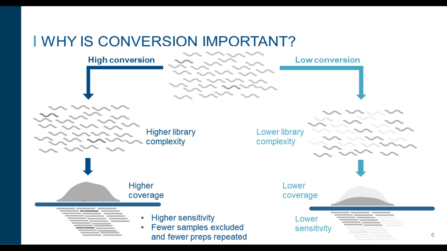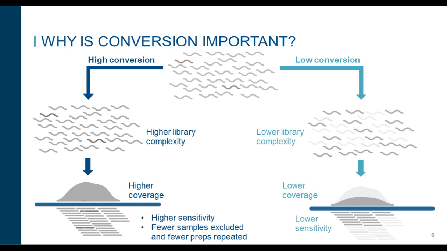So if you go over to the right arrow, low conversion gives you a library with lower complexity. You may lose your variant of interest, as you see with no dark gray with red nicks. And then moving down again with the arrow for low coverage, low library complexity also results in fewer reads mapping to that region. Lower coverage decreases sensitivity.